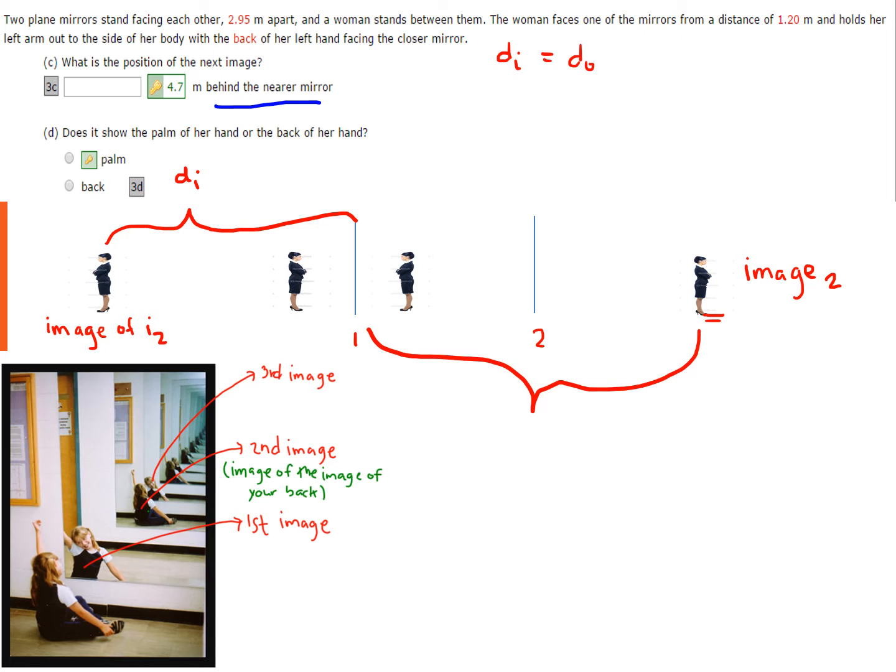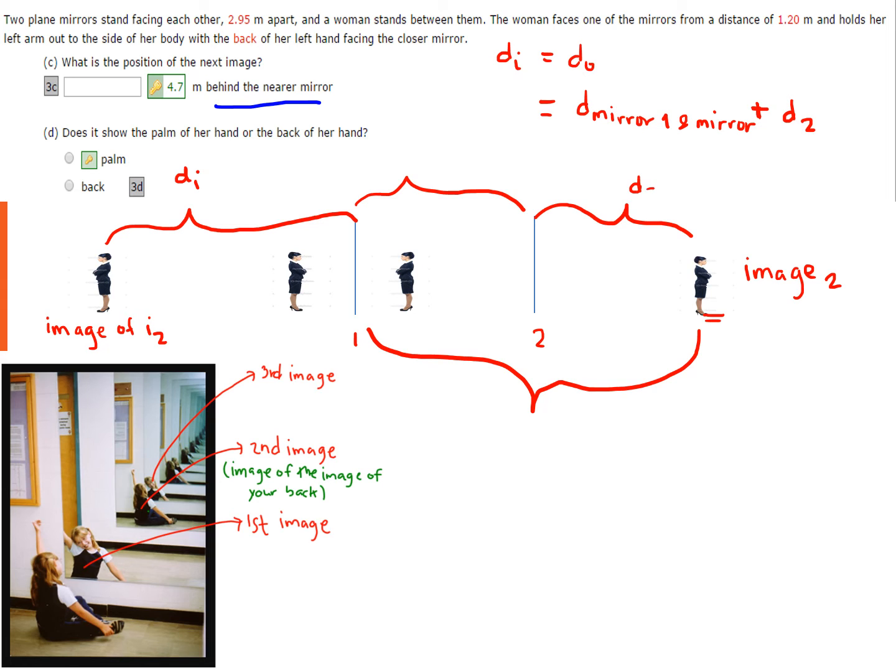So di is equal to the distance between mirror 1 and mirror 2 plus the distance of image 2 from mirror 2, which we'll call D2.